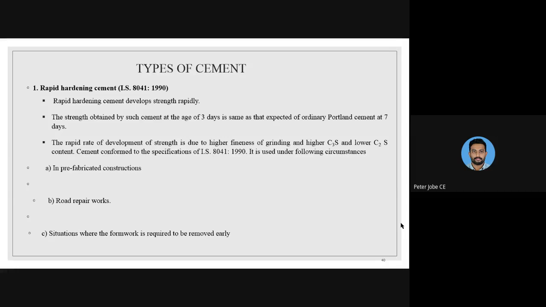For all these design purposes, we take the strength at 28 days from casting. That means at 28 days after mixing with water and using it, we measure the strength. That is known as the characteristic strength at 28 days. Even for concrete, we do the same thing.